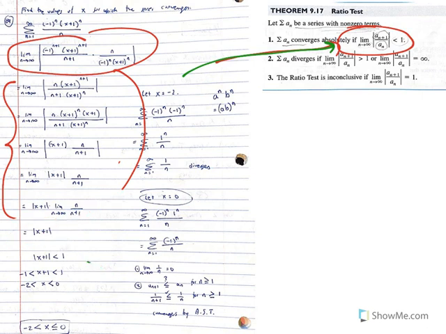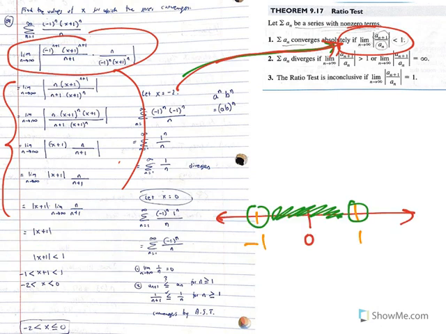So the way we're going to do that is we're going to take this limit, which we now know to be the absolute value of x plus 1, and set that less than 1 to find the values of x that would make this power series converge absolutely. So we're going to write our absolute value inequality as a compound inequality.